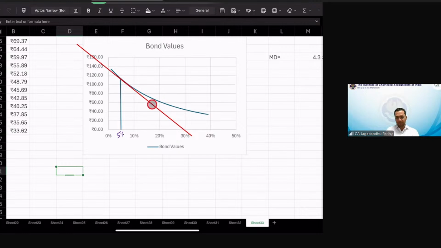Do you see the gap coming in between the red line and the blue curve? Are we able to see the gap that we are observing here, guys? There's a gap over here, right? As you move with a greater change in YTM, the gap widens up, and it becomes a very thin line of difference when you are around 5%.